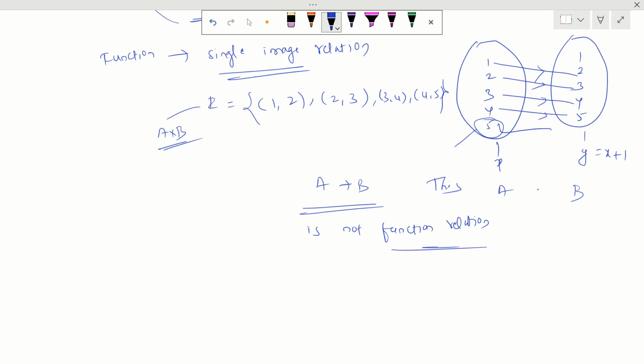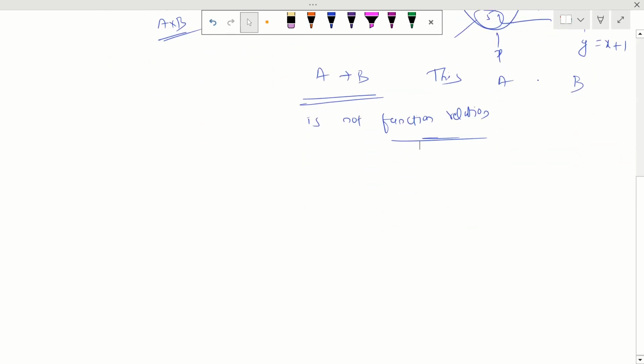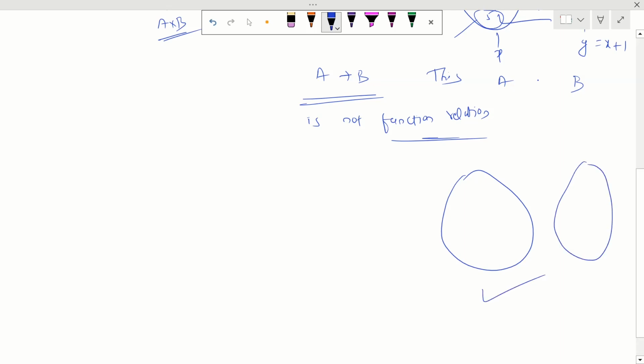One more definition: the function relation always starts from the first element. Suppose here the squares of numbers are taken, so y is x squared and this term is x. So 9 and 4: 9 has two relations from the first set, minus 3 and plus 3, and 4 has minus 2 and plus 2.